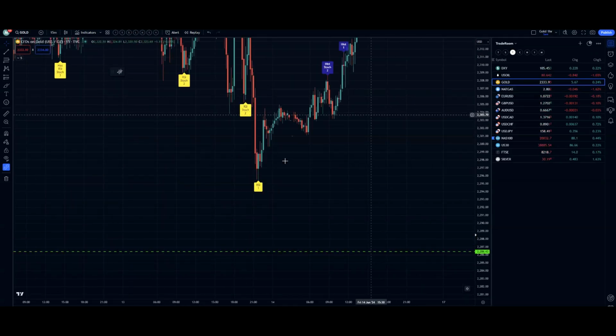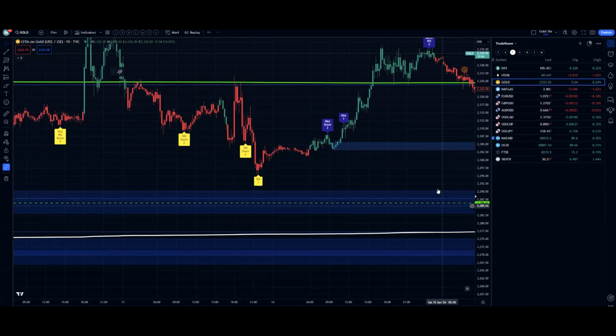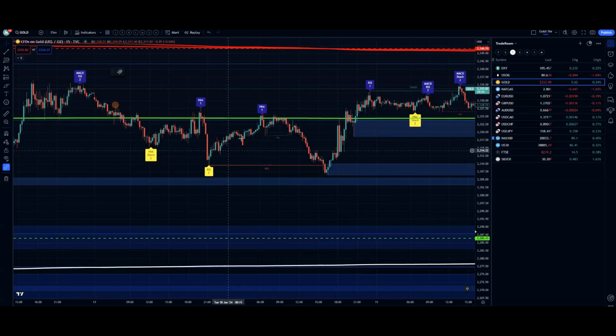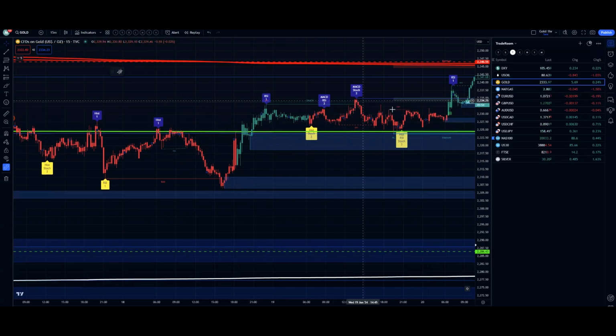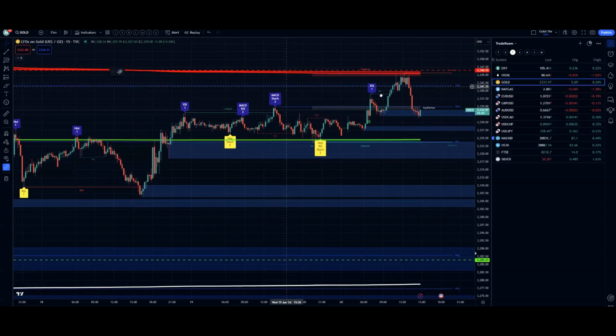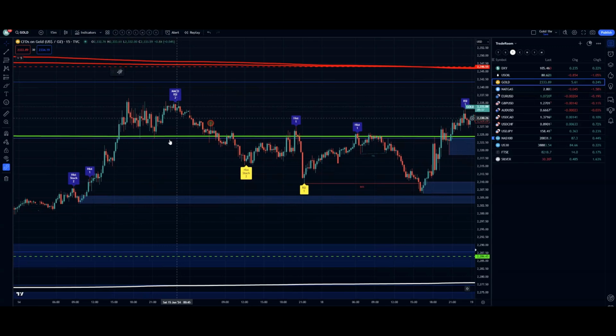As you can see, 15 minute, 2324 working, 2225 working, again 2325 working. This is the middle of the range, so we cannot take it. I was waiting for a divergence here this morning, but we didn't get any on 15 minute.